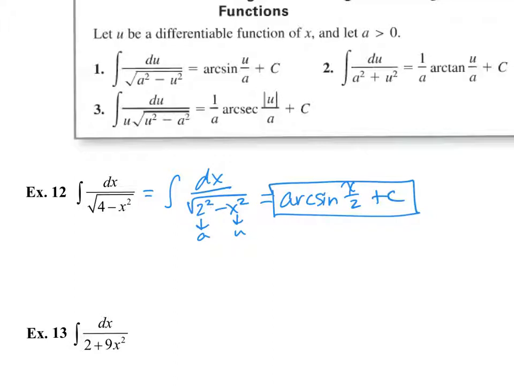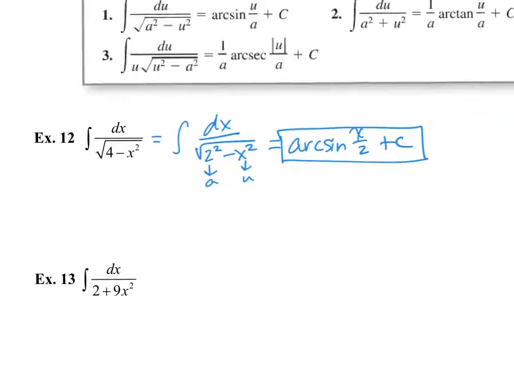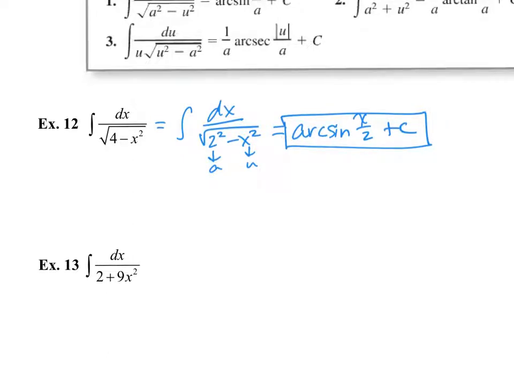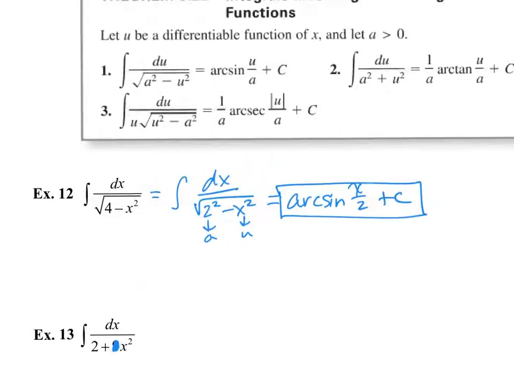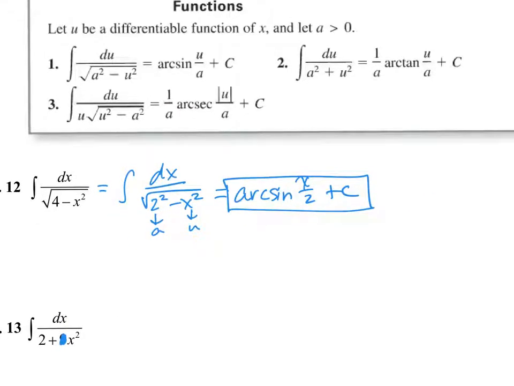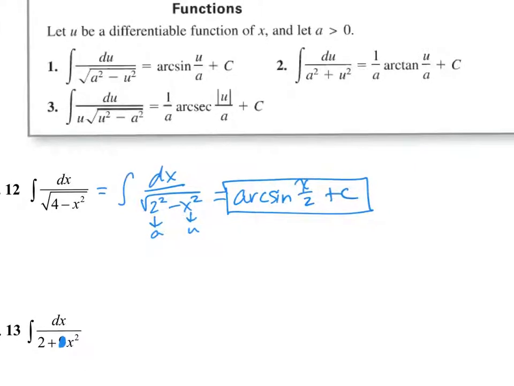Okay, and then number 13, let's go ahead, we're going to simplify this problem just a little bit. I'm going to take out the 9, so let's just mark that 9 out and just call it 2 plus x squared. So 13 then looks awfully close to the pattern of number 2, where we have a squared, the sum of 2 perfect squares.